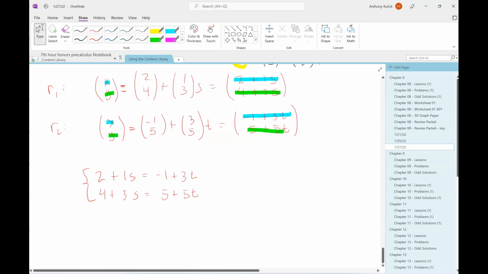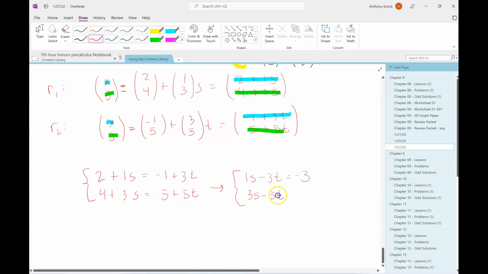My first step in solving this system is going to be to rearrange it so I'm in standard linear form. So I'm going to subtract 3t from equation 1 and then subtract 2. So I'm going to move the variables on one side and the constants onto the other.